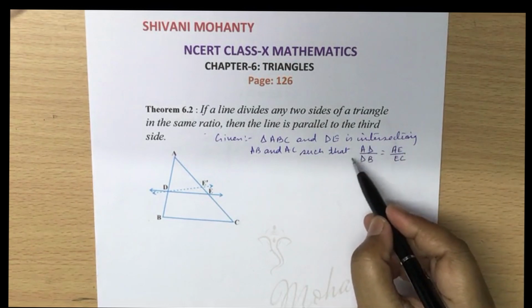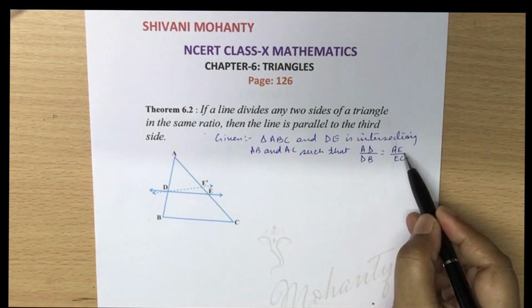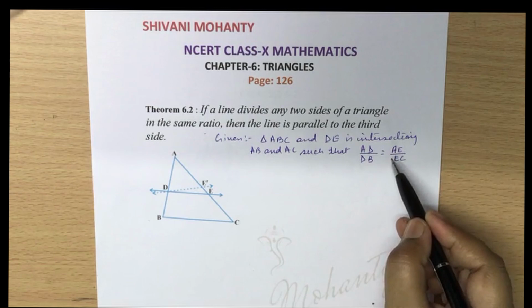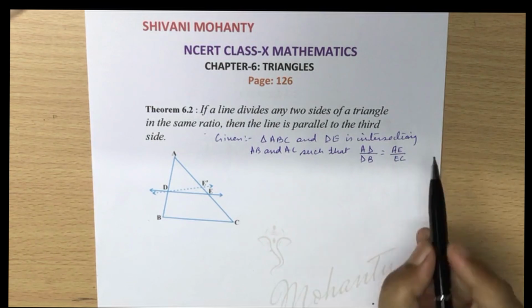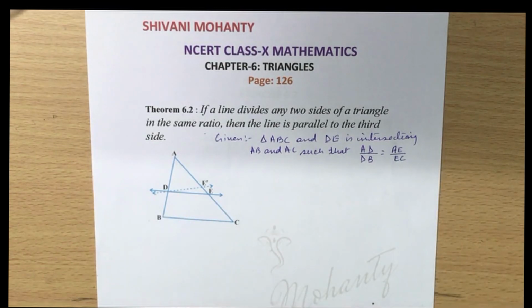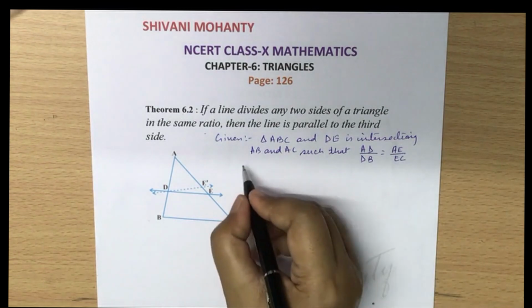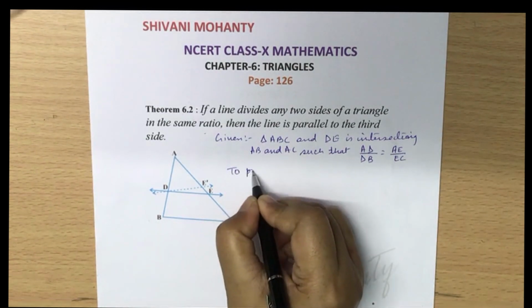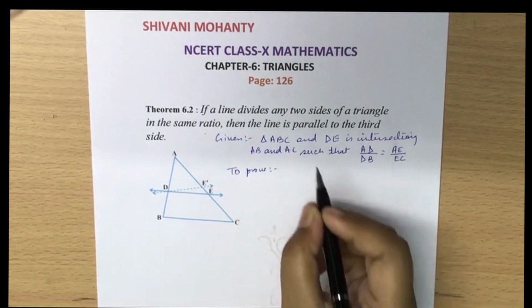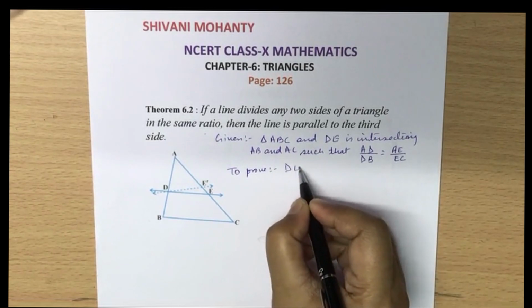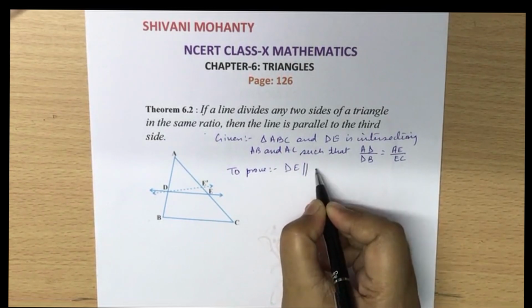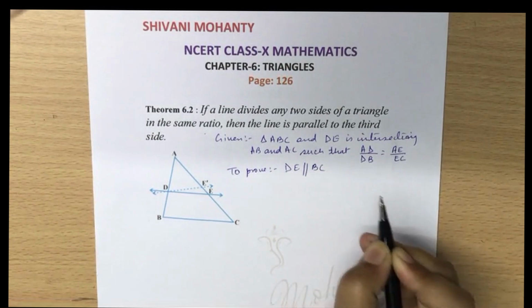In the basic proportionality theorem you proved this one, but now this is given. You have to prove that DE is parallel to BC. To prove: DE is parallel to BC.